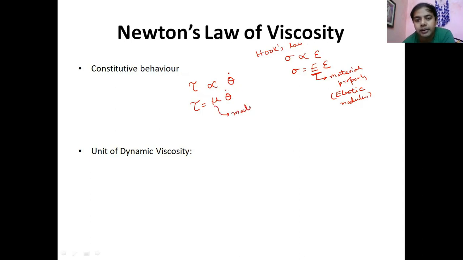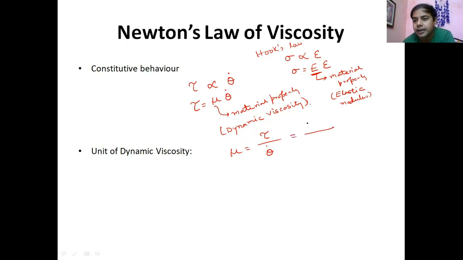This material property is mu, and its name is the dynamic viscosity. So mu is shear stress divided by strain rate.